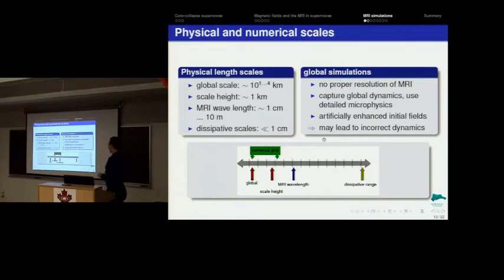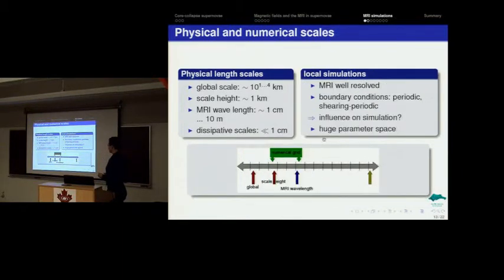On the other hand, if you try to use realistic initial fields, you can try to do a local computation covering at most a few scale heights of the problem, plus the MRI wavelength. Of course, even in this case, you won't be able to simulate the dissipation correctly. Then, unfortunately, you have to deal with the numerical issues as well. The boundary conditions, periodic or shearing periodic, which may have an influence on the simulations, and of course you get a huge parameter space.